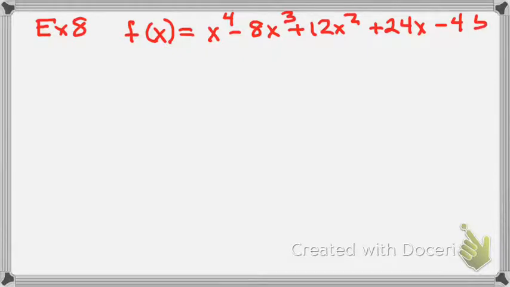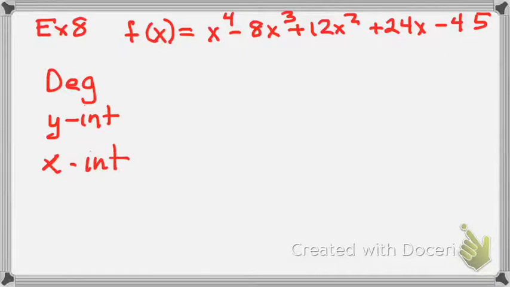And we basically want the same information that we had on the last one. We want to know what's the degree, what's the y-intercept, what are the x-intercepts, and do any of those intercepts flatten out?